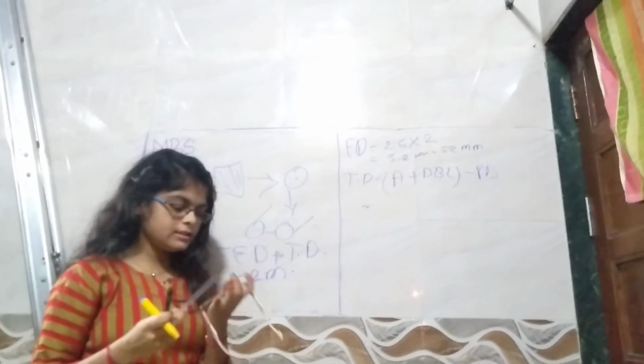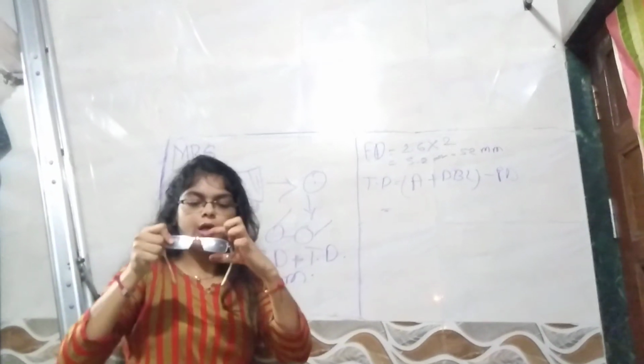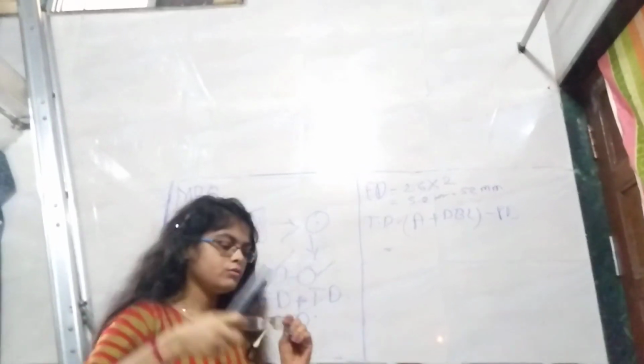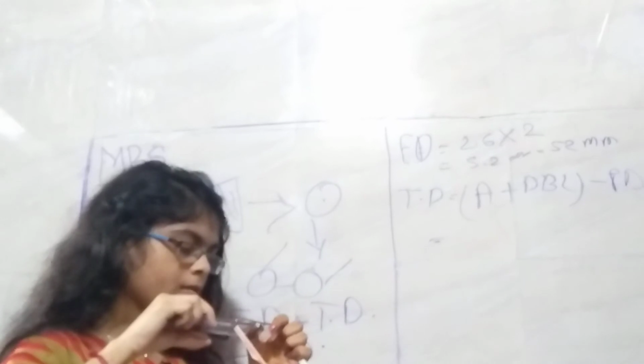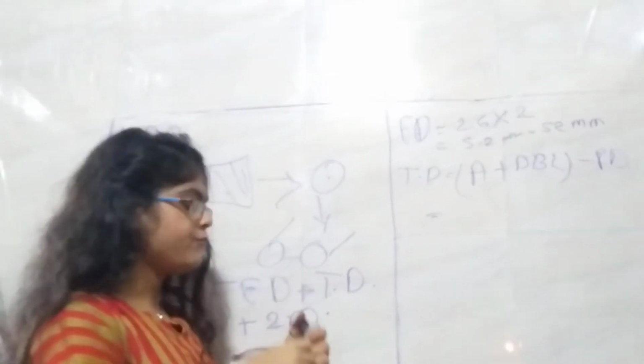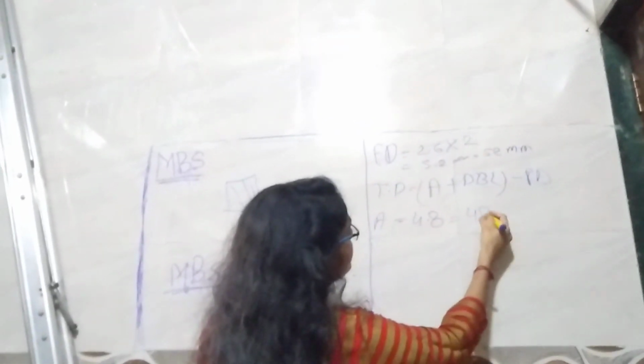Here you can see we will measure the lens size from here to here with the help of the scale. So it is 4.8 centimeter, which is 48 mm.